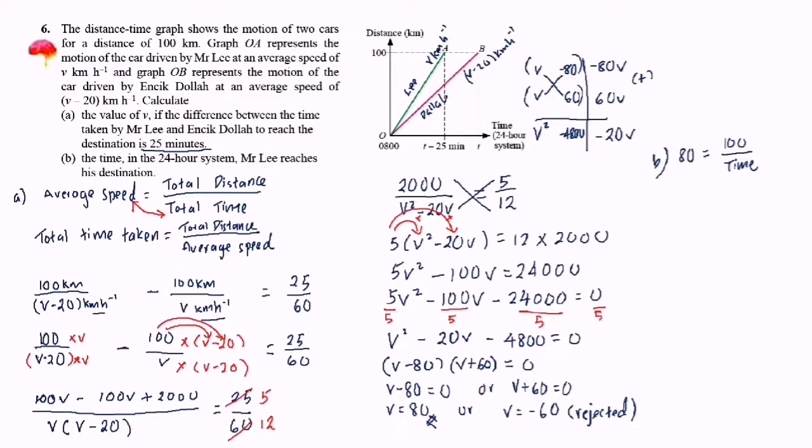So total time equals 100 divided by 80. The time taken is 1.25 hour. So you need to convert to minutes. 1.25 times 60 equals 75 minutes.